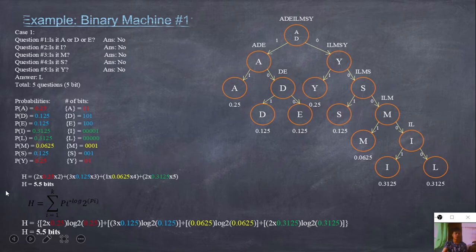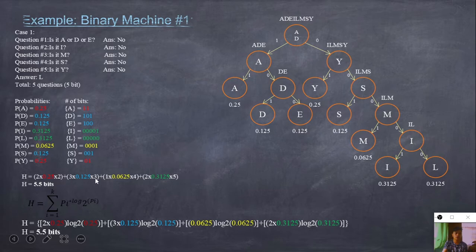So as we look for the equation, there are two probabilities that go into the second level, which is 0.25. So A and Y are represented as 0.25. So there are two 0.25 and 2 number of bits, which is 1 and 1, so equals 2.